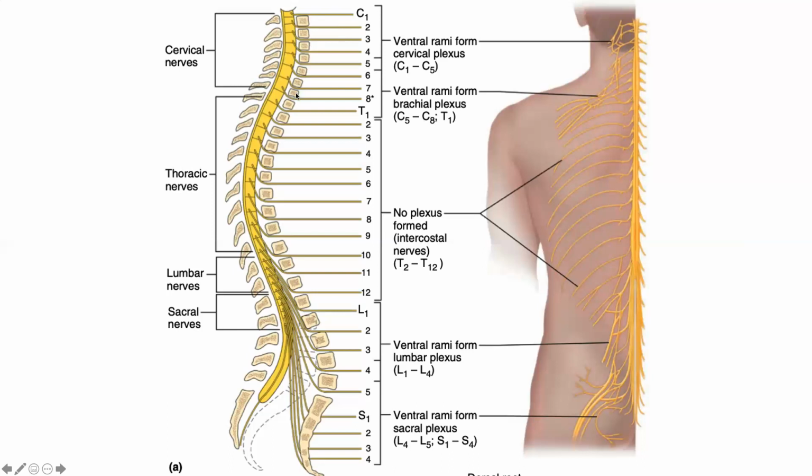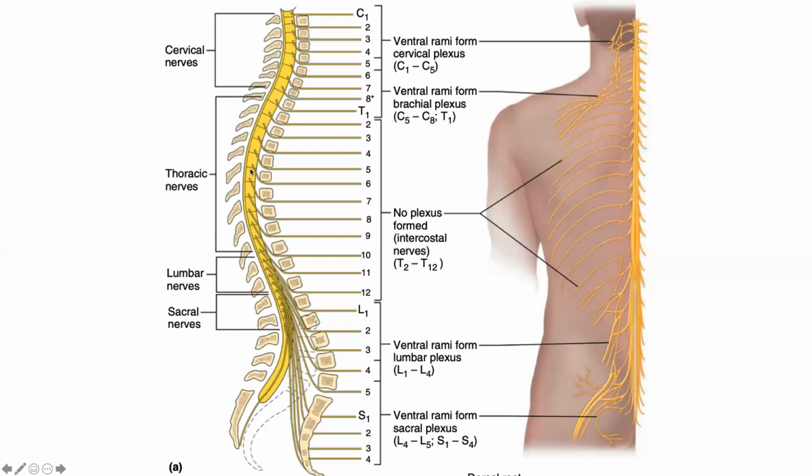But at the cervical level, there are 8 cervical nerves, and therefore the 8th spinal nerve comes out from the spinal cord below the body of the 7th cervical vertebra.